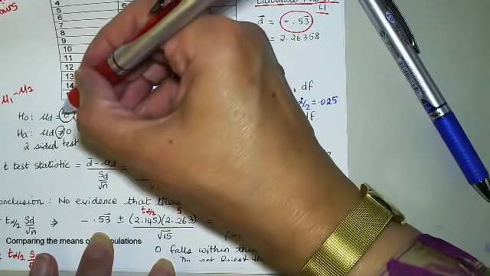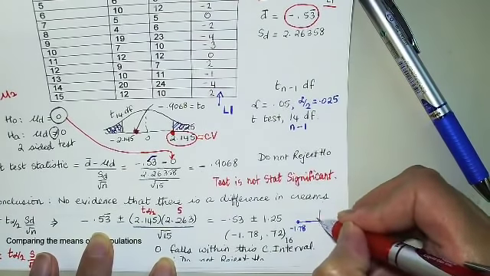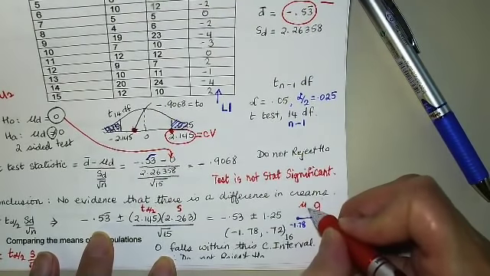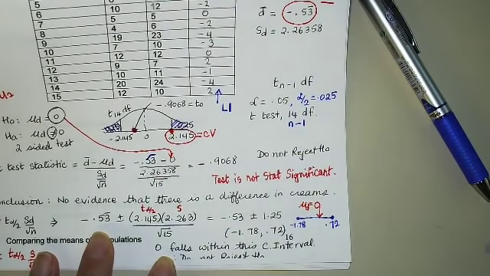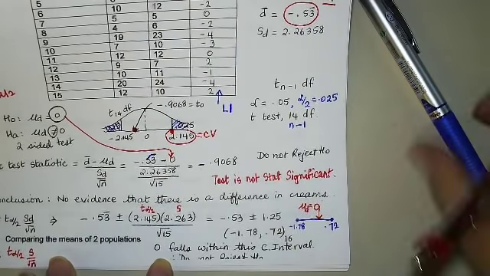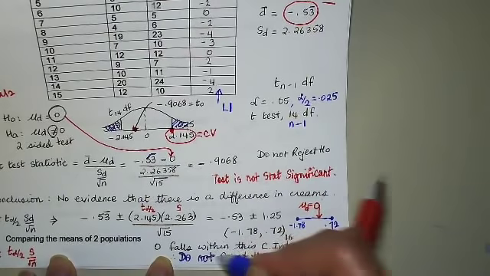So here's the confidence interval, minus 1.78 and 0.72, and it turns out that this 0 from the null hypothesis falls here. So do not reject H0 is my conclusion.